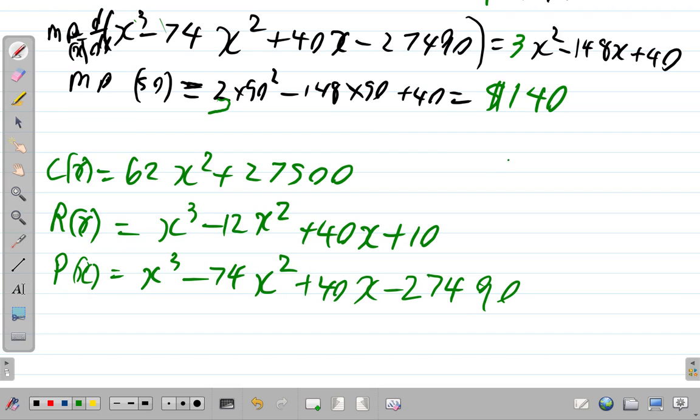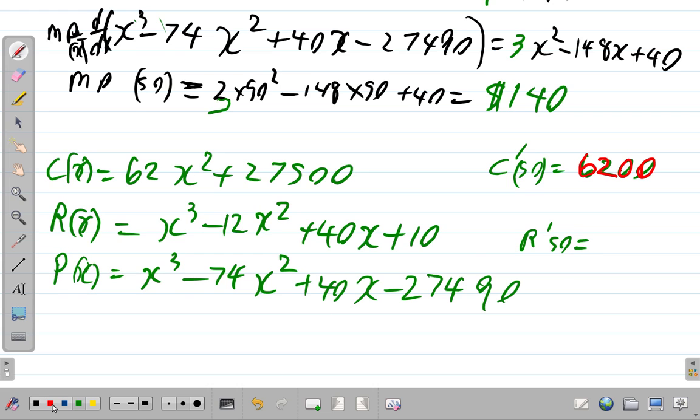I don't want to crowd the board with too much writing, so let's do this in another color. 6,200 for marginal cost.